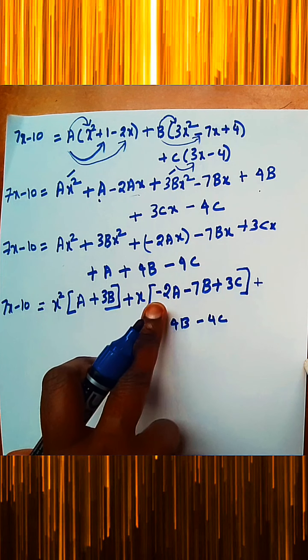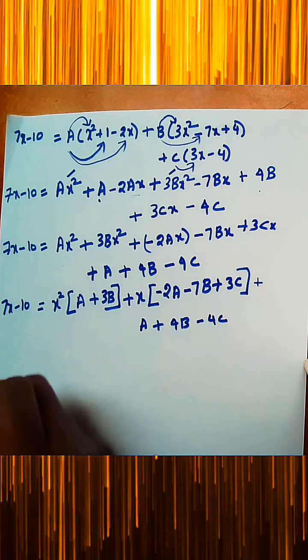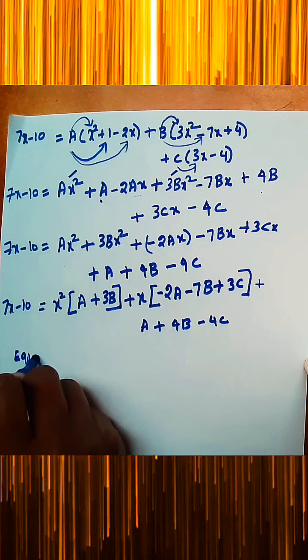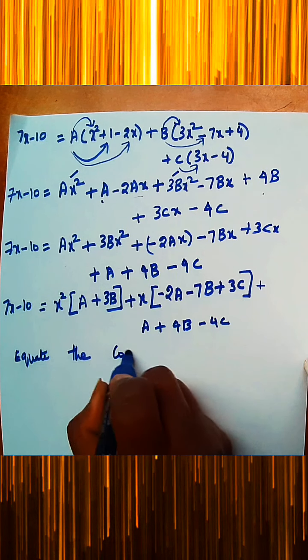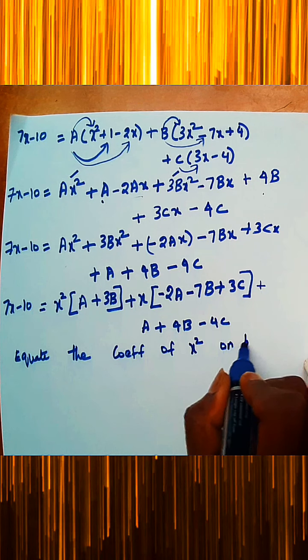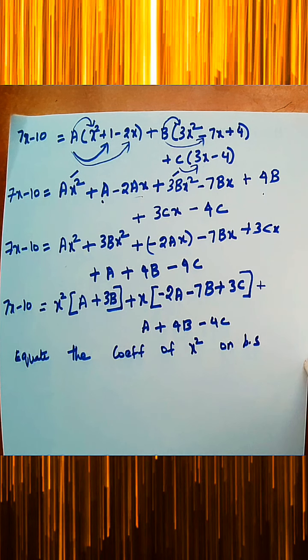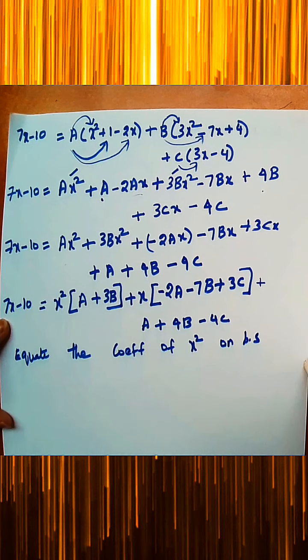We have to equate the coefficient of x square, the coefficient of x and the constant term on both the sides. So first we will equate the coefficient of x square on both the sides. See, on the left hand side, do you have any x square term? No, right students?